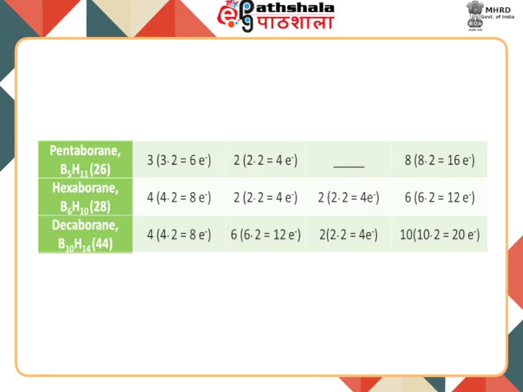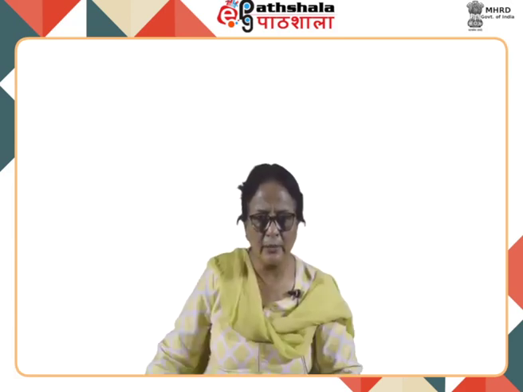And finally, in decaborane, that is B10H14, we find that there are 4 BHB bonds and 6 BBB bonds. To summarize, it is assumed that boron atoms in B2H6 are sp3 hybridized and they form simple 2 center 2 electron bonds to their terminal hydrogens.